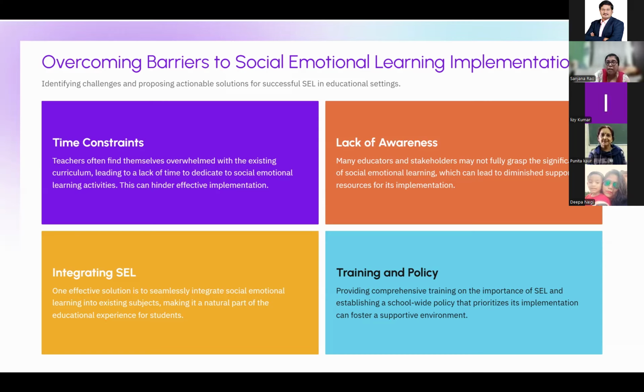So, training and policies. Providing comprehensive training on the importance of SEL and establishing school-wide policies that prioritize its implementation can foster a supportive environment. So ultimately, we are talking about the same thing: what we are lagging with, what we are behind with, all these things have to be fulfilled.